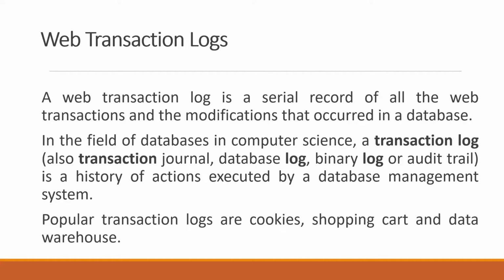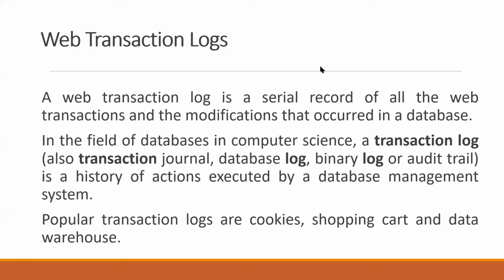So these transaction logs are basically cookies, shopping cart, and data warehouse. Okay, there are three types of web transaction logs. Cookies, shopping cart, and data warehouse are some popular web transaction logs that we use in e-business to record the information created by the customer. All the online activities of the customers are recorded by these web transaction logs.